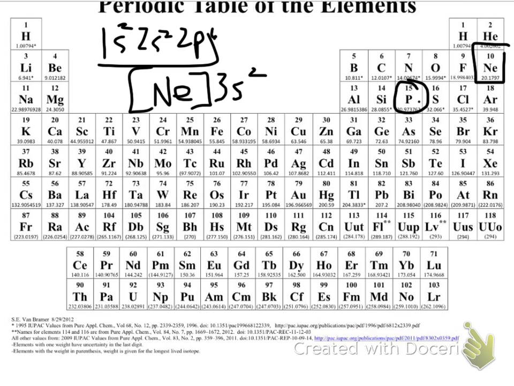Now, how many electrons do we still have to go? Hold up fingers. How many? 3. We got 3 left. So where are they going to go? 3p3. Okay. Clear as mud.